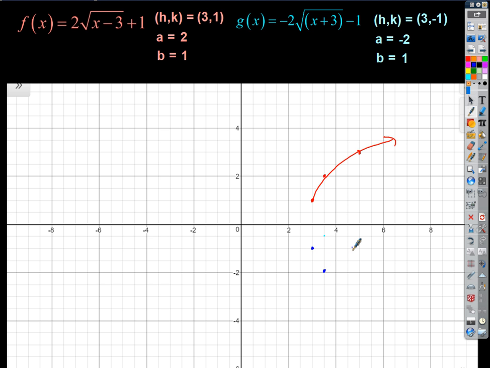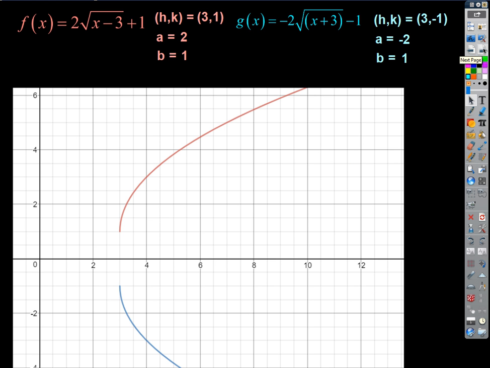Instead of going over 4 and up 2, we're going to multiply 2 times -2 and get -4. So what's the result there? It reflects over the x-axis. Yeah, right. So when we multiply the whole thing by -1, it flips over the x-axis, right?